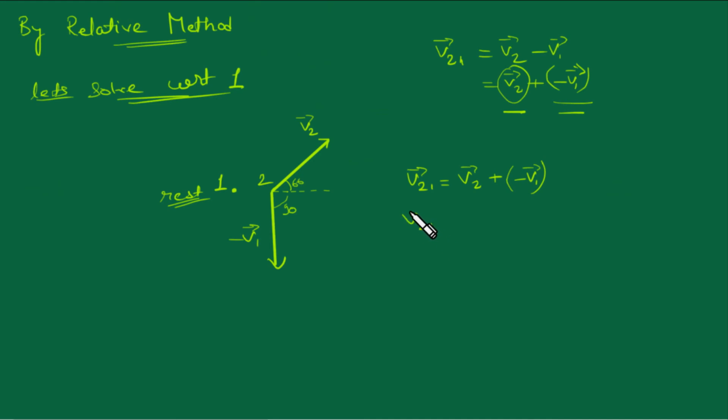The resultant of addition of two vectors is under root of v1 square plus v2 square plus 2 v1 v2 cos of, I think, 150, right? 90 plus 60.